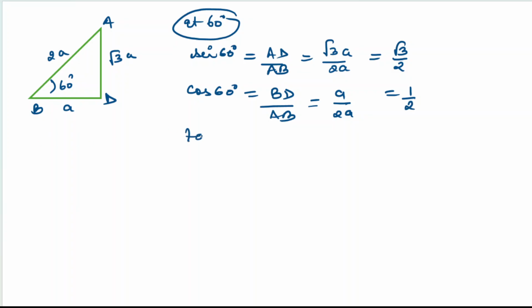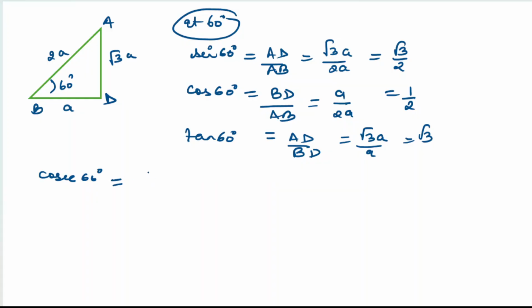What is your tan 60 degree? Tan 60 degree is AD divided by BD. So you get root 3a divided by a, so you get the value root 3. Similarly, cosec 60 degree you can easily calculate. It is 1 by sine 60 degree, which is equal to 2 by root 3.